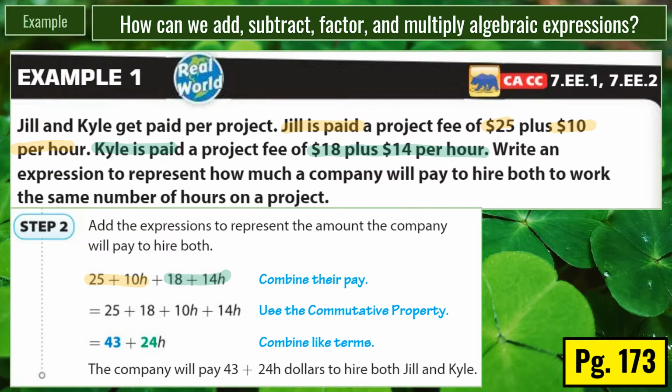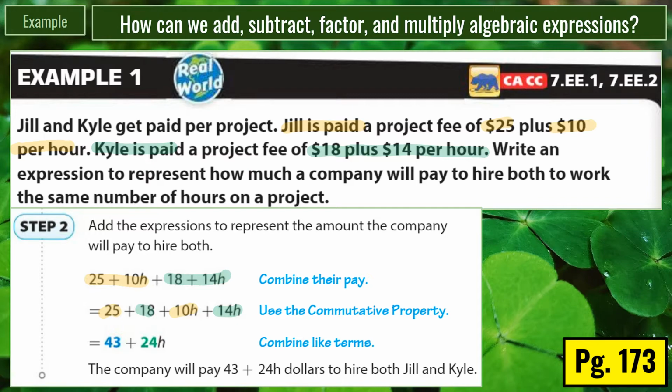So you can see that what they've done is rearrange things so that Jill's information is not just with Jill's information and Kyle's isn't with Kyle's, but rather they've put it so that our constants and our variables are grouped together. Makes it a lot easier to combine things. So that's our next step.